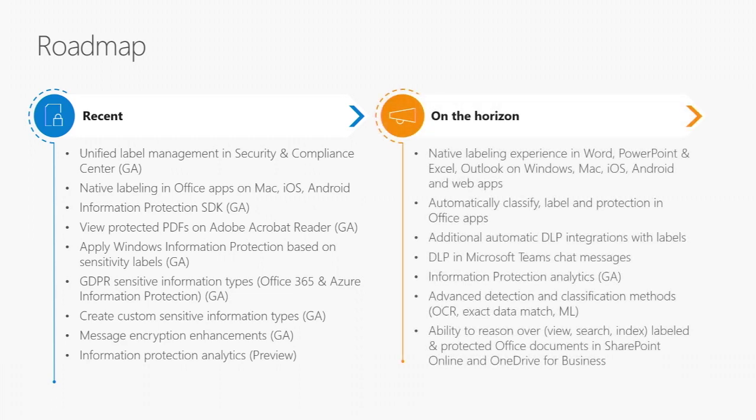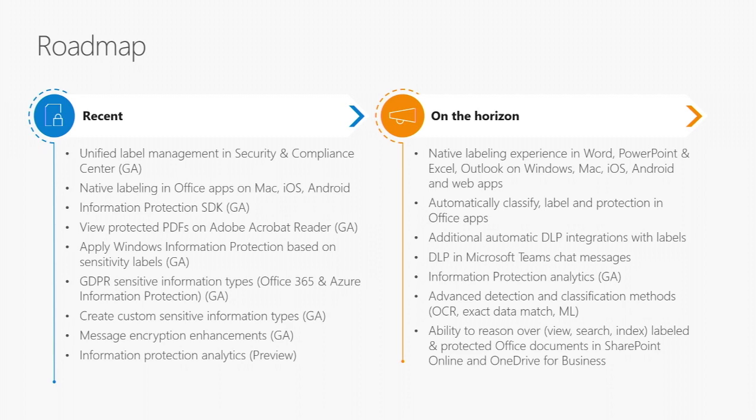What's coming next? We are going to expand our native support of information protection across Windows, Outlook for Apple, iOS and Android, for Mac, iOS and Android. We're going to have deeper scenarios around DLP classification, around automatic and recommended classifications.